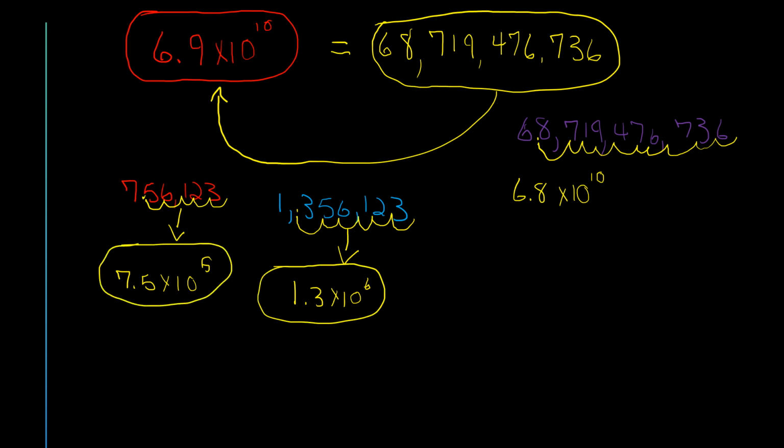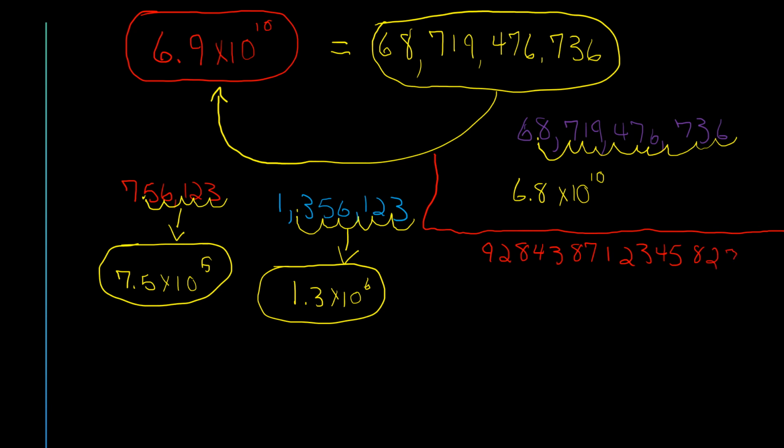Let's do another one. I'll put it right up underneath here so it doesn't confuse you. Let's see, we got 9, 2, 8, 4, 3, 8, 7, 1, 2, 3, 4, 5, 8, 2, 7, 1.